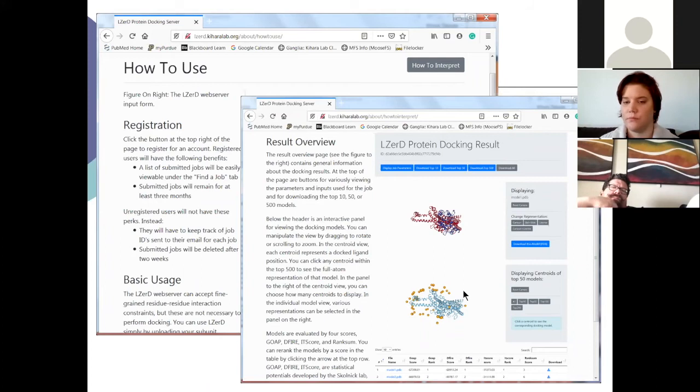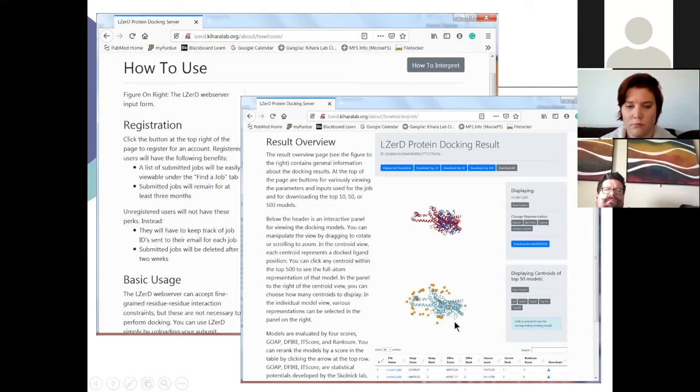The models are sorted by the sum of the ranks of the scoring functions, and if you click each of them, you can visualize the model. The second panel shows, if you place the receptor protein in the middle, shown in cyan, where the center of the ligand protein locates.